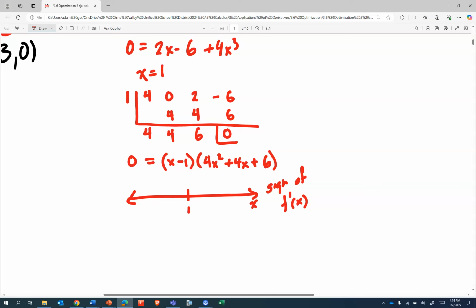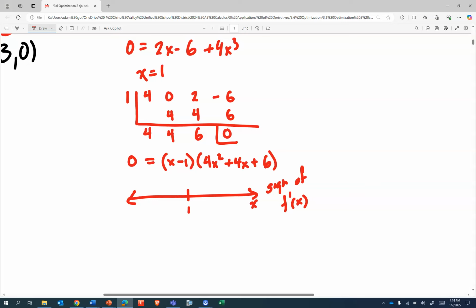Everything's positive. So f increases from 1 to infinity. I assume we're going to get something negative over here. Why don't we just substitute in 0? Let's see, 0 minus 1 is negative. 4 times 0 plus 0 plus 6. So f prime is negative when x equals 0, so all values less than 1.